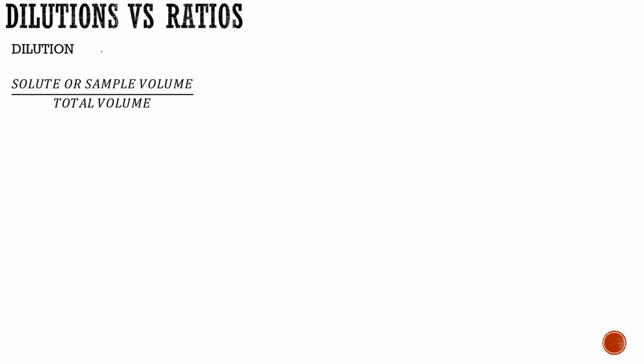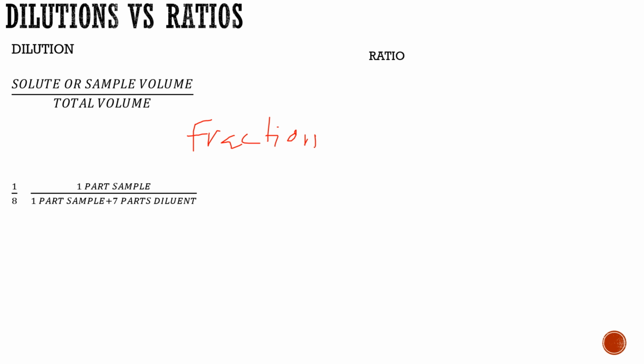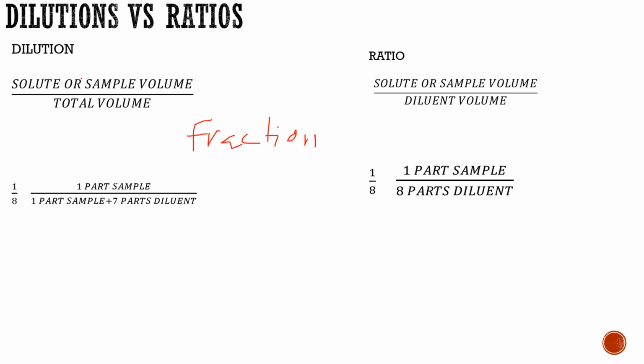Now, how would you differentiate dilutions versus ratio? Earlier, class, your dilution was in two forms, the fraction and the ratio. Now, the difference is very simple. When the dilution is in the form of a fraction, class, the numerator is the solute or the sample volume over the total volume.